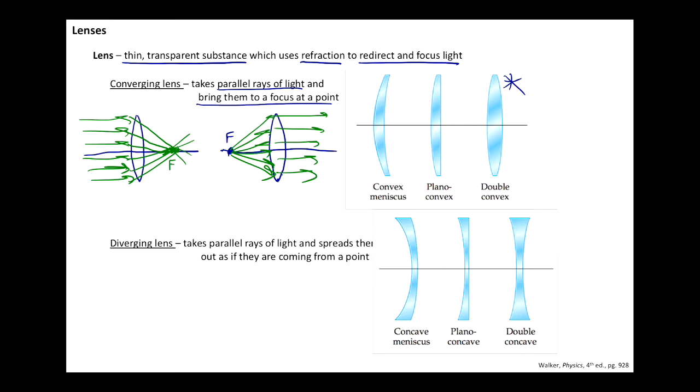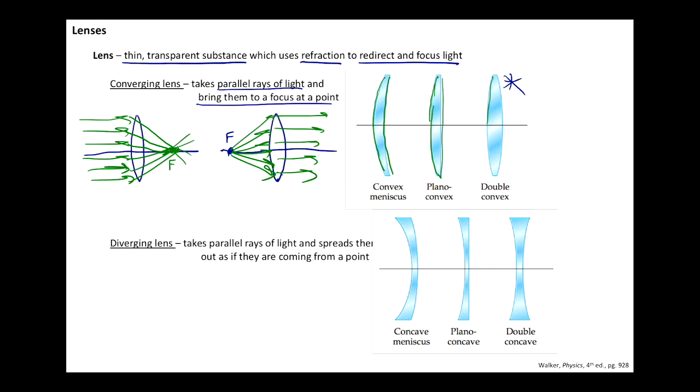So notice on the right, these are just some specific converging lenses showing that it's possible to have a situation where both of the sides of the lens, there's a front and a back of the lens, are bent the same direction as you see here. So it's basically convex on both sides. It's possible to have a convex shape on one side and then flat on the other.